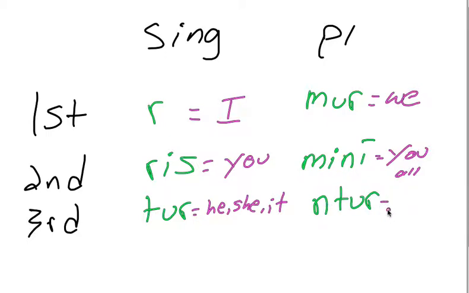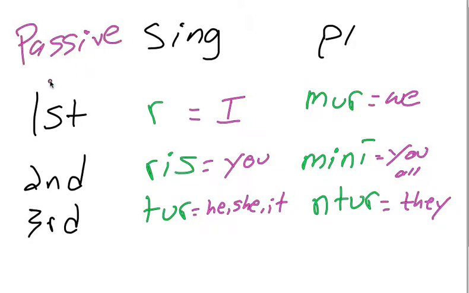And ntur is they. So the person and the number, the translations don't change. The endings do. So r, ris, tur, mur, mini, ntur, and these are the passive endings.